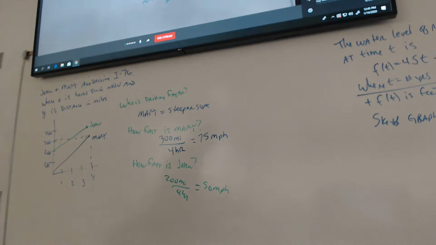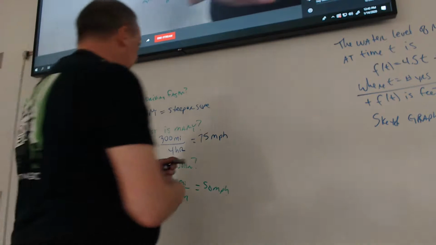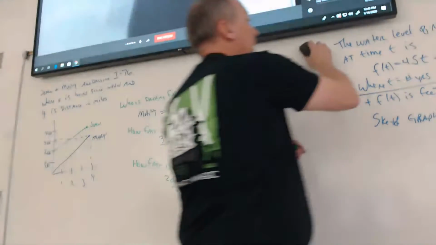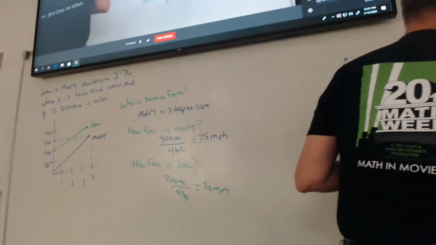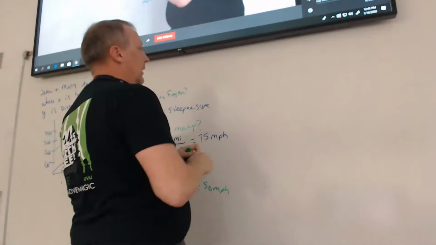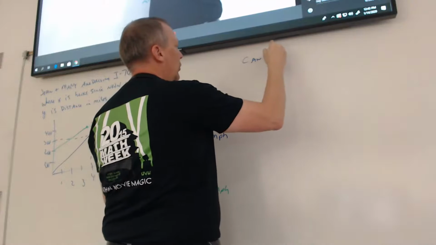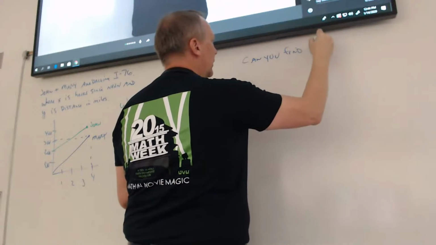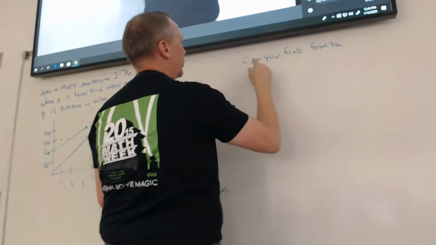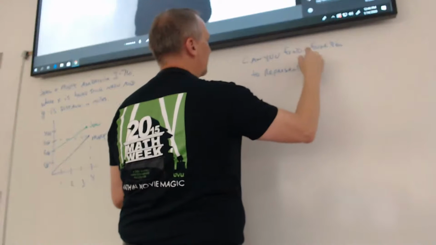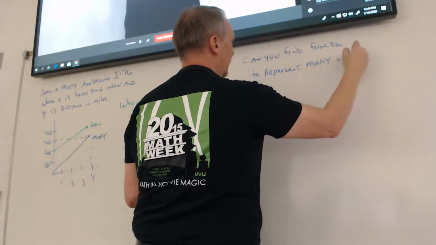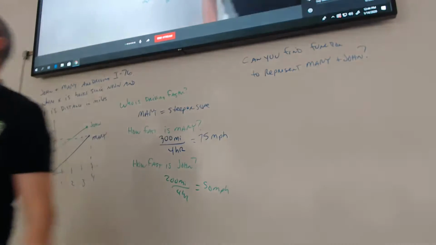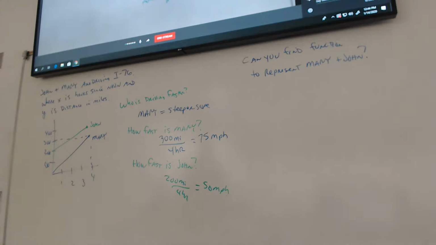All right, so how about this? Can you find a function to represent Mary and John? We'll do them separately though.